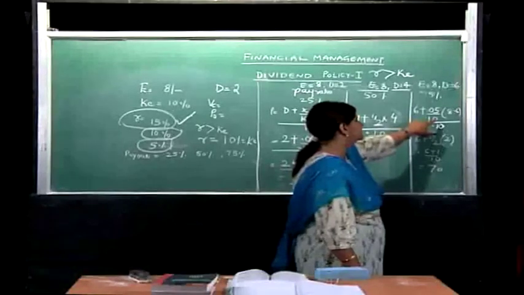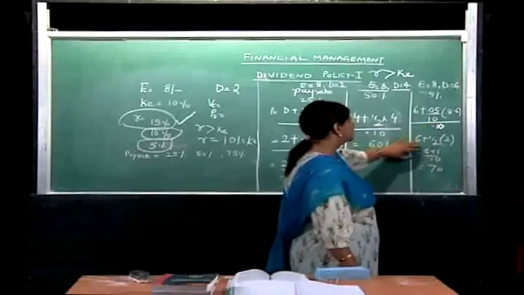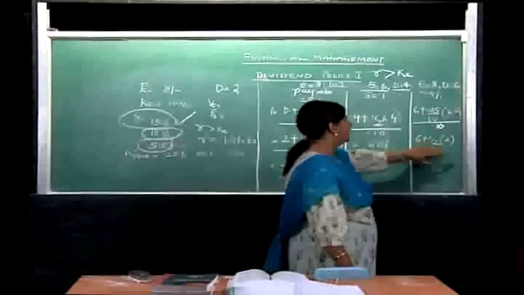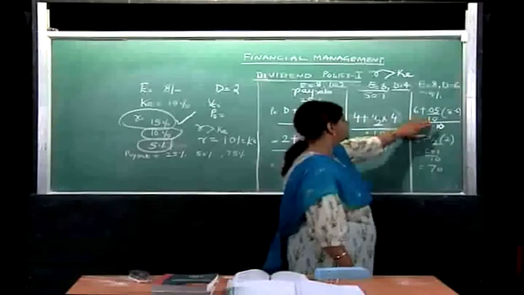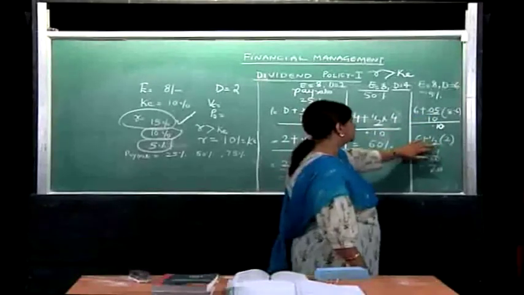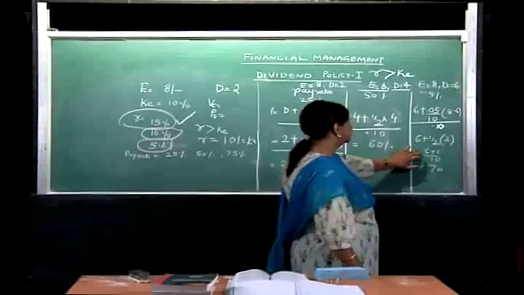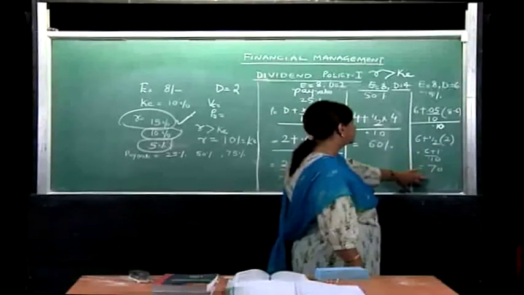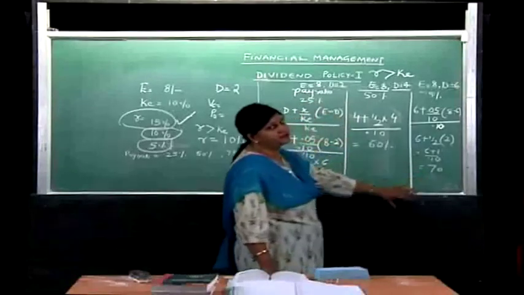This is to be multiplied by bracket 8 minus 6. So solving 8 minus 6, we are getting 2, and multiplying it by 5 by 10, that is half. So we are getting 1 plus 6 as the dividend. This whole divided by 0.10. So rupees 70 will be the market price of the share.